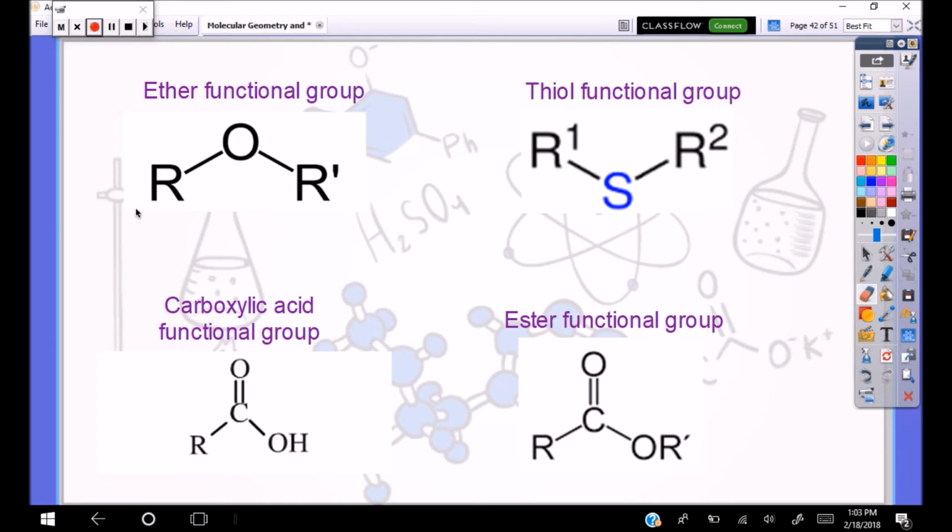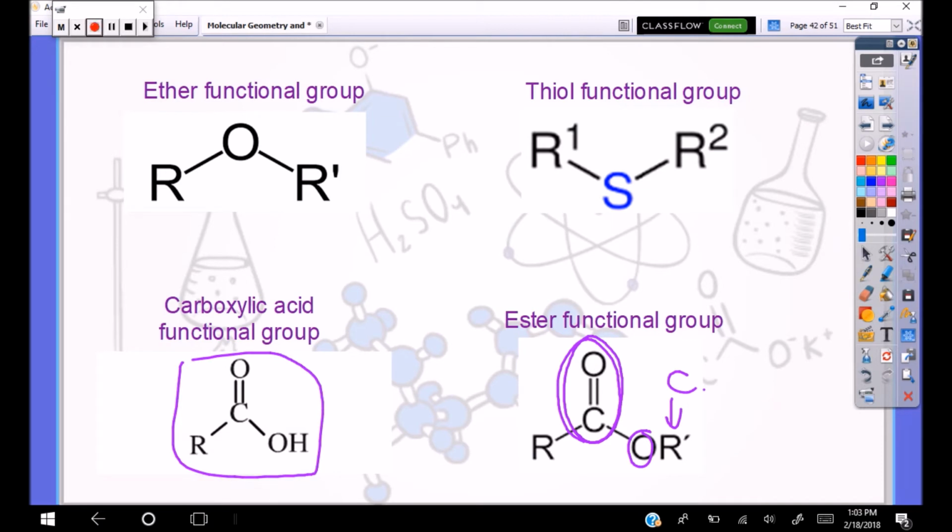Esters are very similar to ethers, except you've got that carbon oxygen double bond sandwiching the oxygen and probably some other carbon. And then esters are also very similar to carboxylic acids, except specifically this oxygen is bonded to a hydrogen.